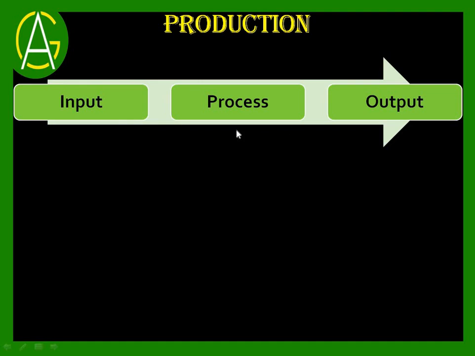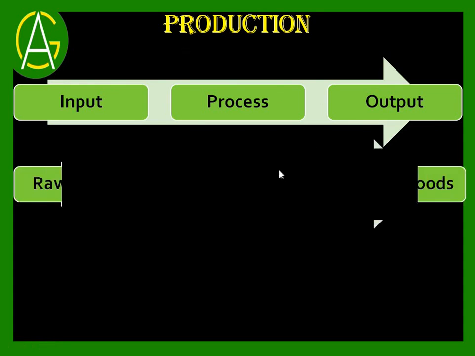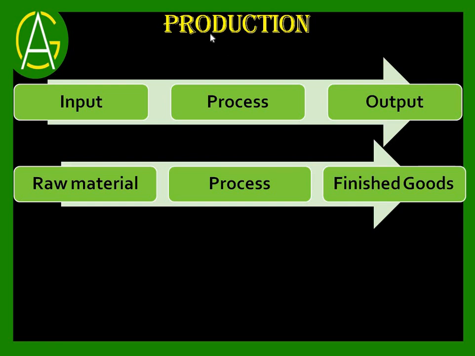The whole sequence is input, process and output. This whole process is considered as production. Second definition, production is also known as conversion of raw material into the finished goods. When we convert the raw material into the finished goods, it is also known as production.